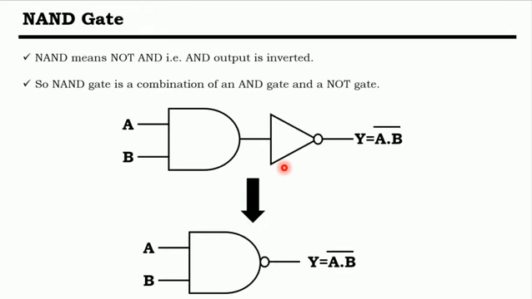Here we have some basic information about the NAND gate. What do we exactly mean by the NAND gate? A NAND gate can be formed using an AND and a NOT, and it will be like this. This is the circuit symbol for the NAND gate. For the truth table, we will understand how it works using different input logics.